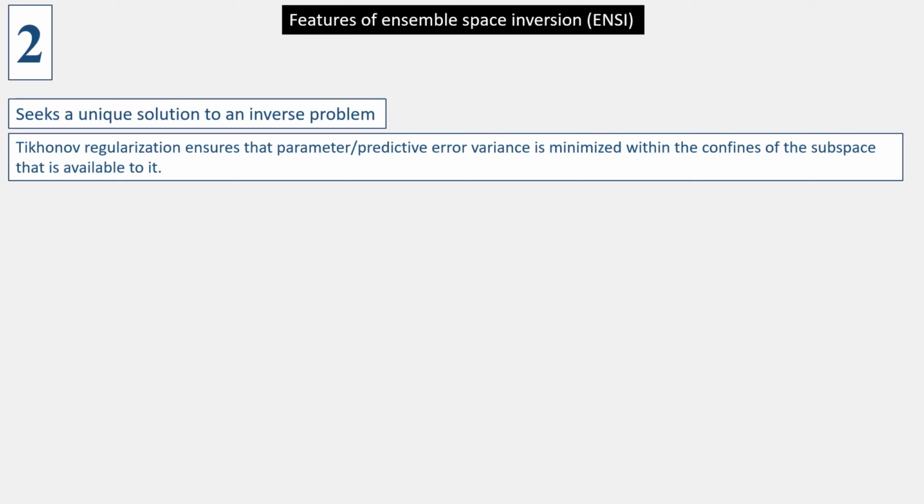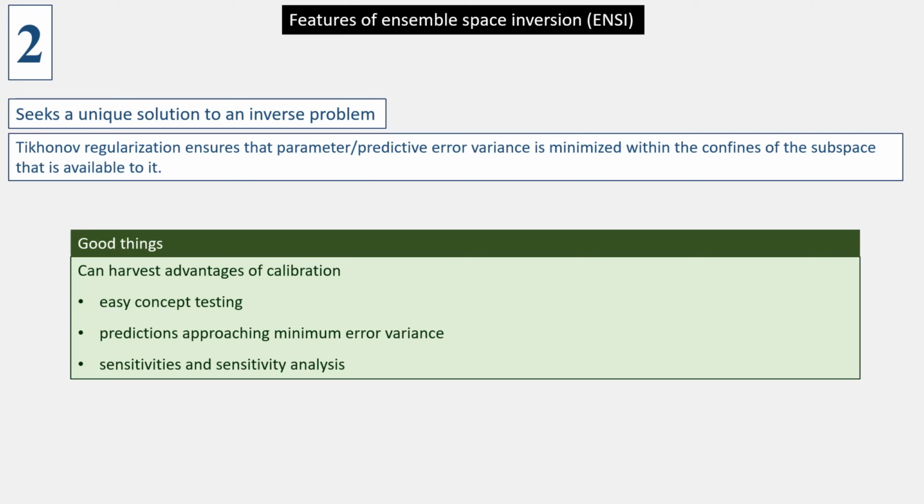That is, a minimum error variance solution to the inverse problem, minimum error variance as far as we can achieve this within the confines of the parameter subspace in which we're working. As we'll talk about in a moment, we have considerable flexibility in how we use that subspace.